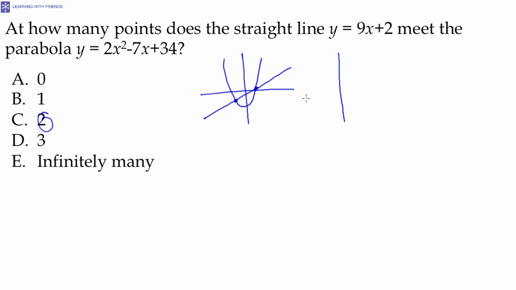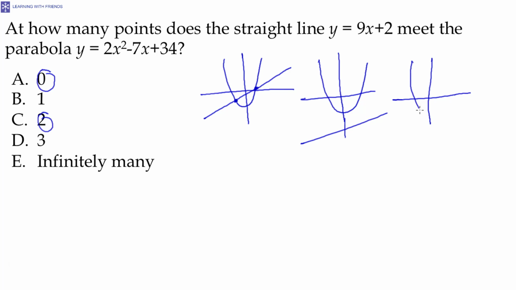It could also be possible that if this is my parabola, then the straight line just doesn't cut it at all. It just passes by somewhere else. So 0 could be a possible answer. And it is also possible that if this is my parabola, then this straight line is a tangent to the parabola. So it just touches the parabola. Again, a rough figure. It could be a tangent at any point.